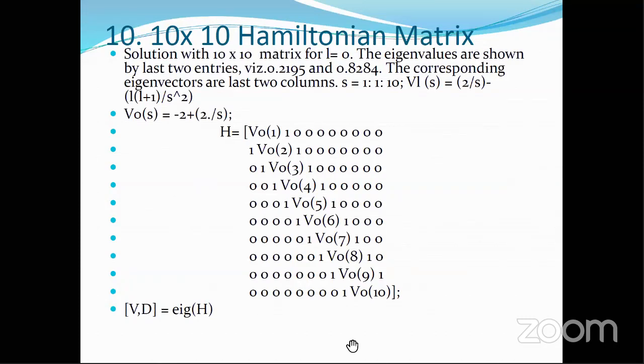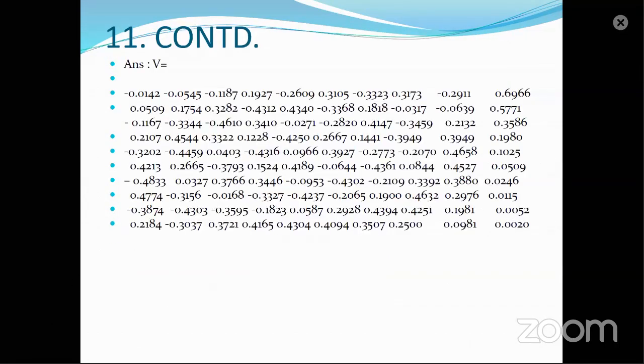Now, Matlab is a very user-friendly package. I have a small, simple command: VD, where V is the eigenvectors and D, meaning eigenvalues, will be a diagonal matrix. So in brackets VD, you just write EIG H. H is your Hamiltonian matrix, which I have shown. I have taken 10 cross 10 here. So we go to the 11th slide now. Please go to the 11th slide.